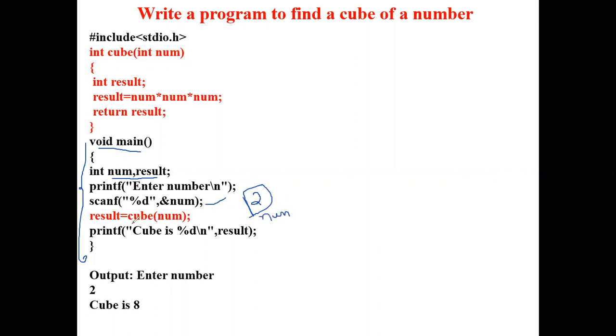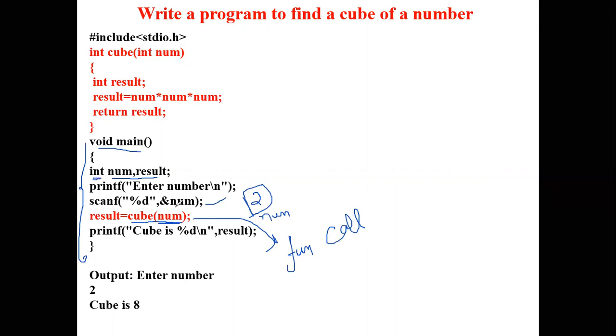Then we are calling the function. There is a function call, and the name of the function is cube, and we are passing one parameter or argument, that is num, which is of type integer.